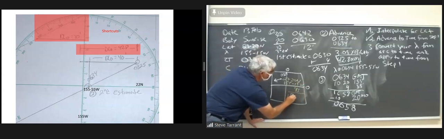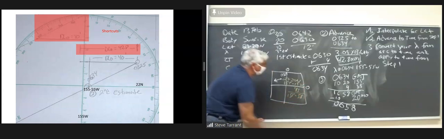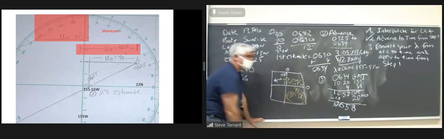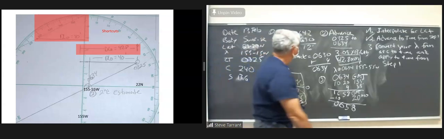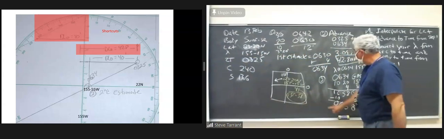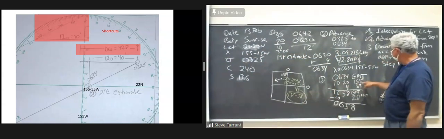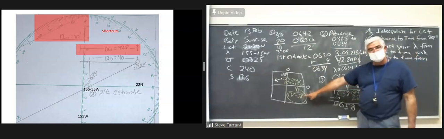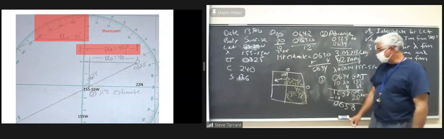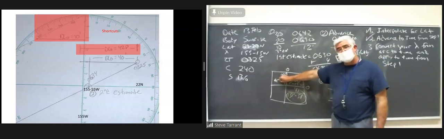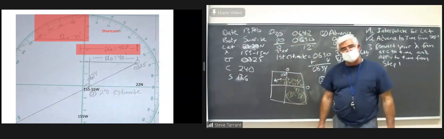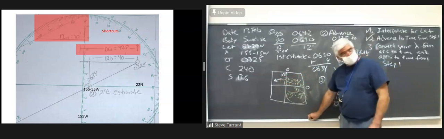That's going to give me 155.58. Then I would do arc to time for that. It's only 3 minutes of arc difference, which is only 12 seconds of time, so it doesn't matter. If you didn't understand what I just said, then you need to plot on the plotting sheet, and you can just disregard what I just said.